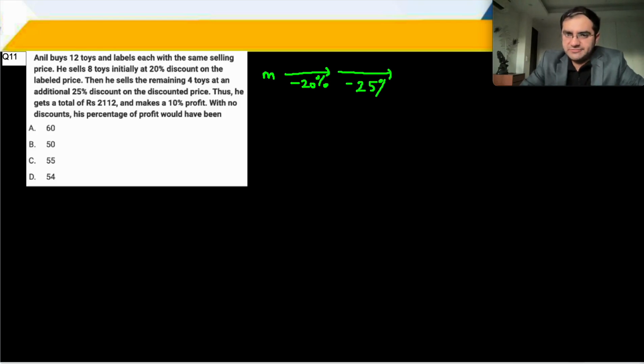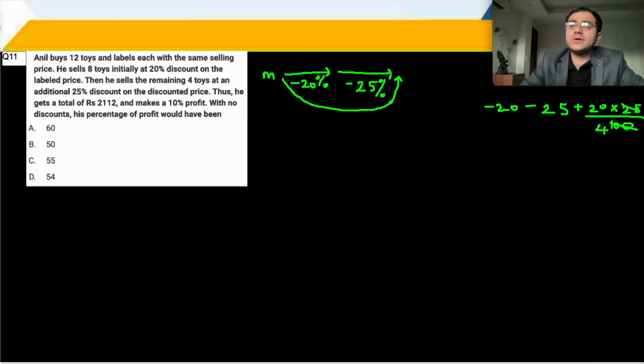So this is successive percentage change, 20 and 25 successively. Use the formula: minus 20 minus 25 plus product upon 100 gives you an overall value of 40%. Overall 40% discount is being provided for the remaining 4 articles.